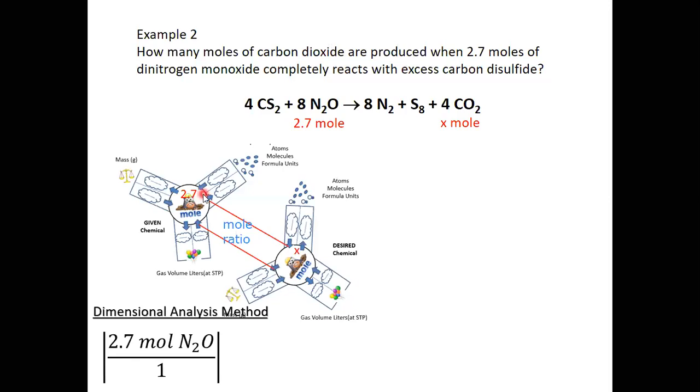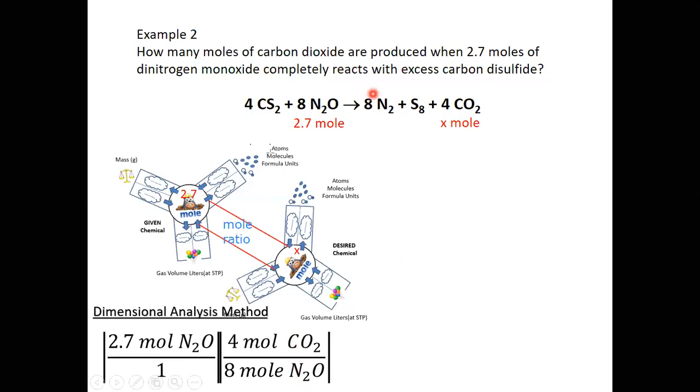Recall, we're starting with mole amount. So mole amount of given, we're trying to turn into mole amount of desired. Mole ratio is what leads us or brings us there. So what we'll do is we'll look for our coefficients, and what we're getting rid of will go on the bottom. What we're turning it into, carbon dioxide, goes on the top.